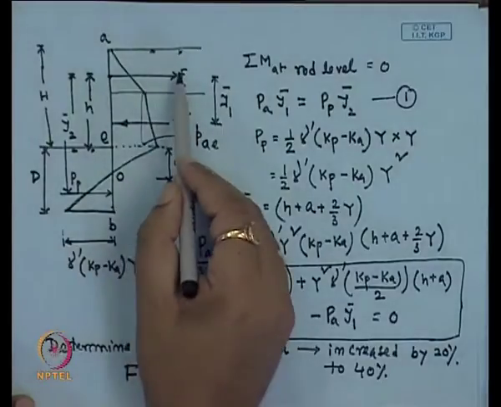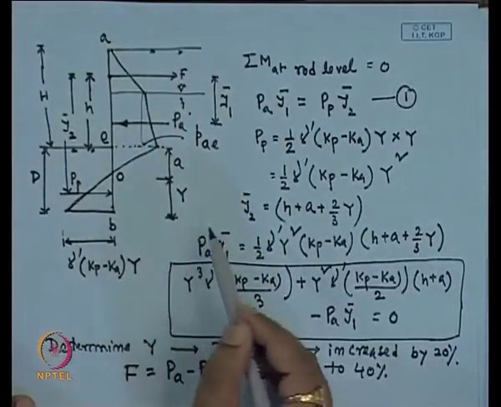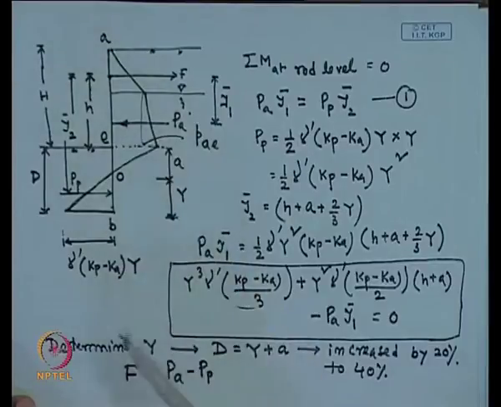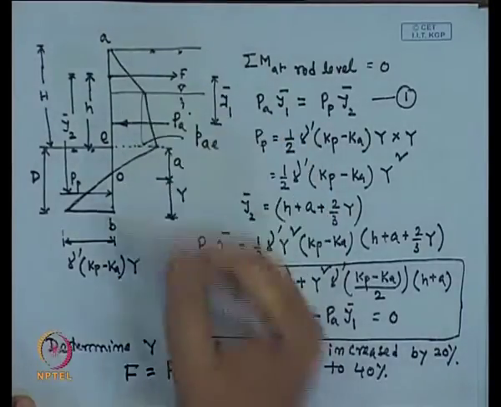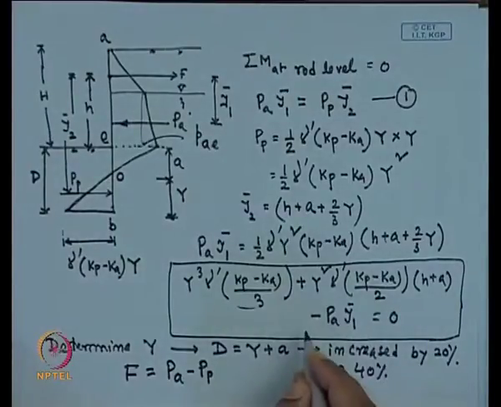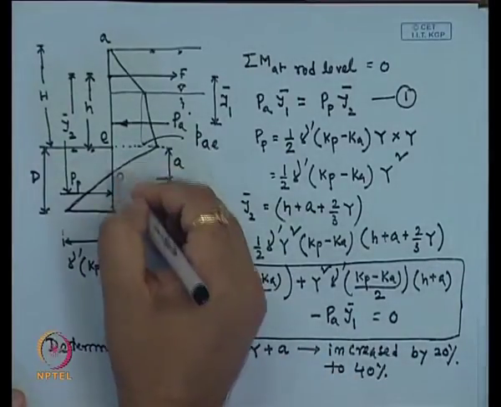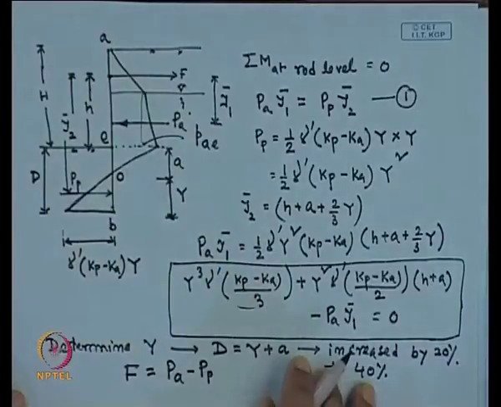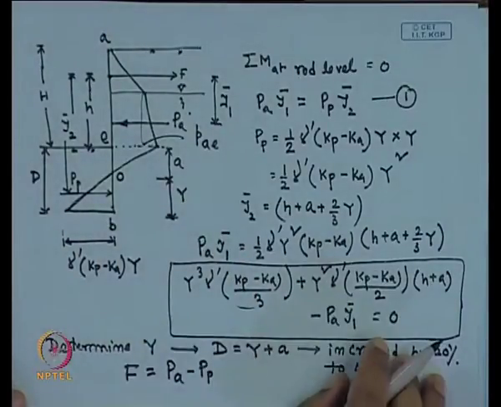So, we have to design this anchor such that it can sustain this F load. This way we can determine the required depth for this anchor sheet pile, and what is the required anchor force.